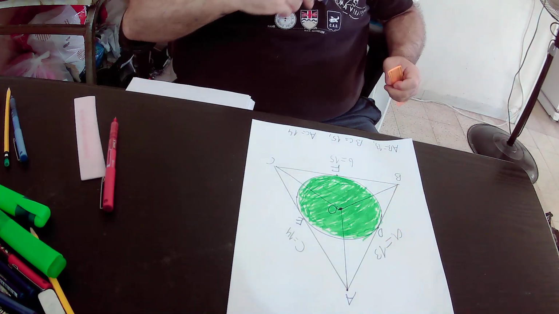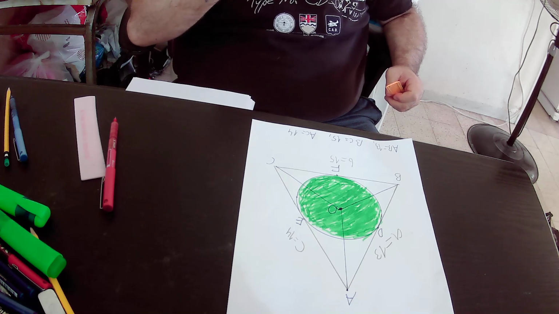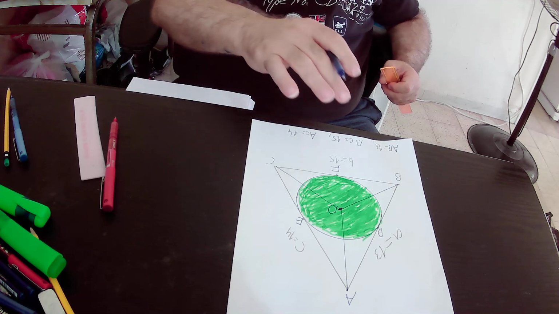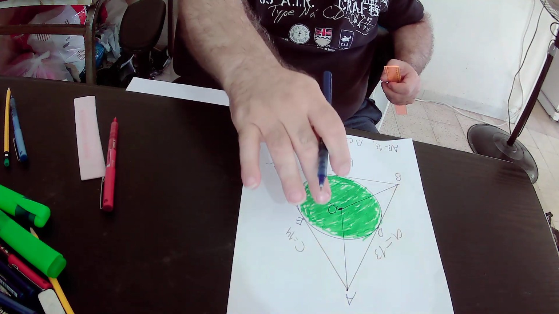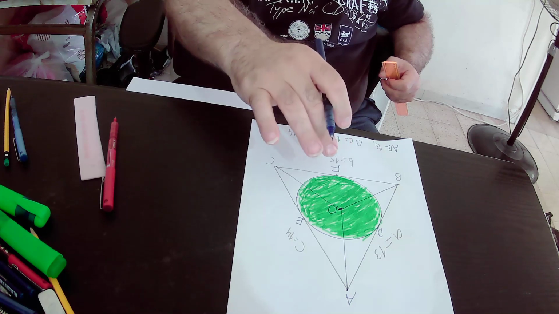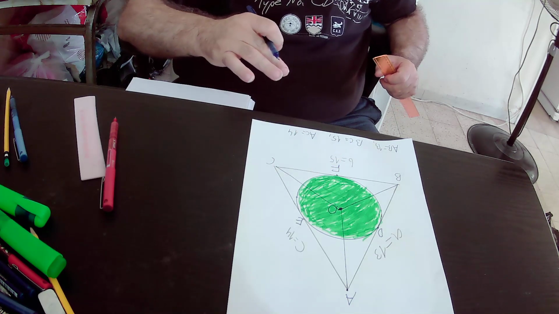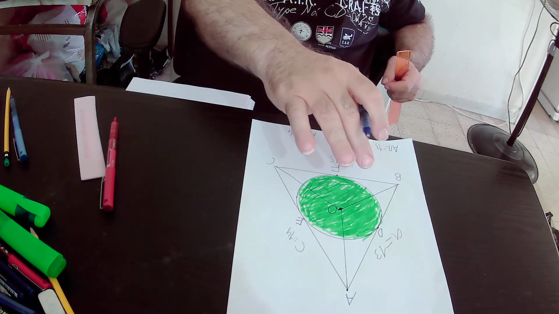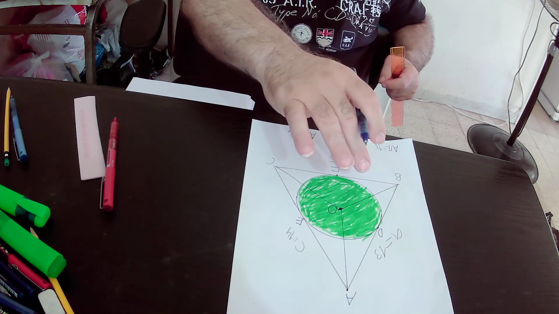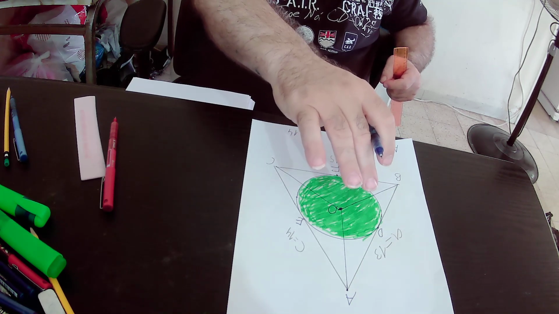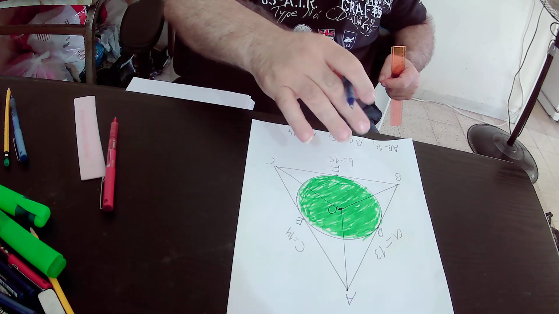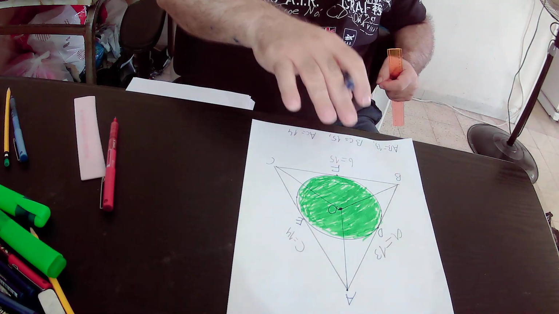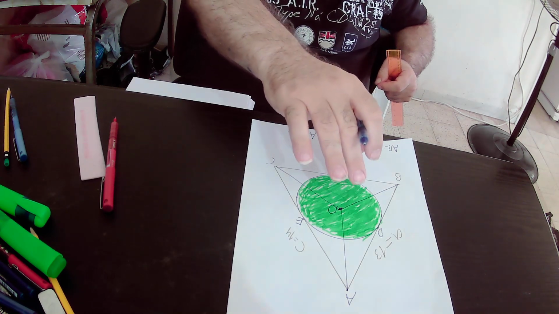So actually we created three triangles: triangle AOB, triangle AOC, and triangle BOC, and the sum of the areas of those three triangles equals the area of the big triangle ABC, because triangle ABC contains those three triangles exactly.